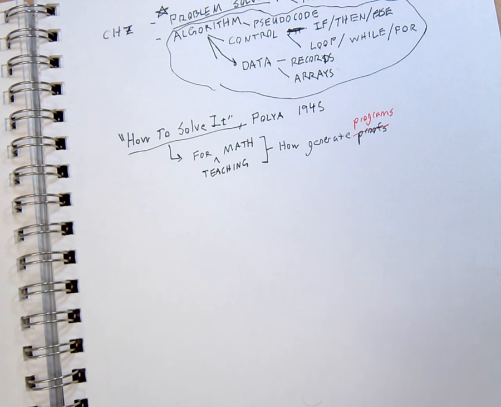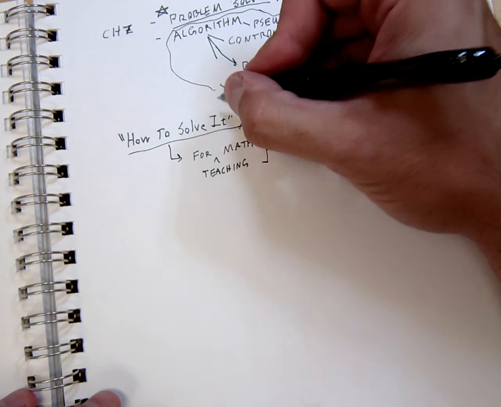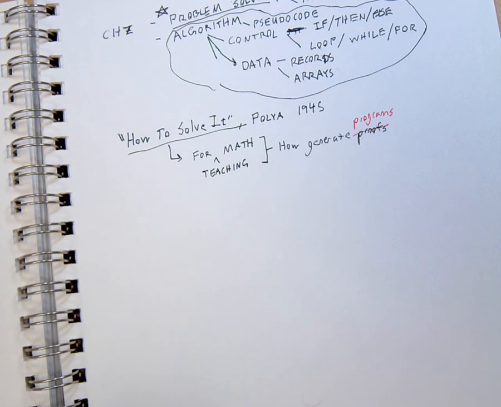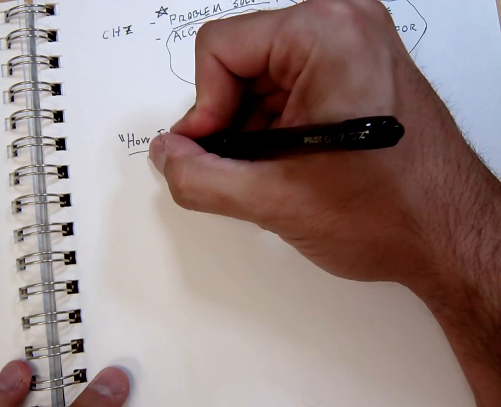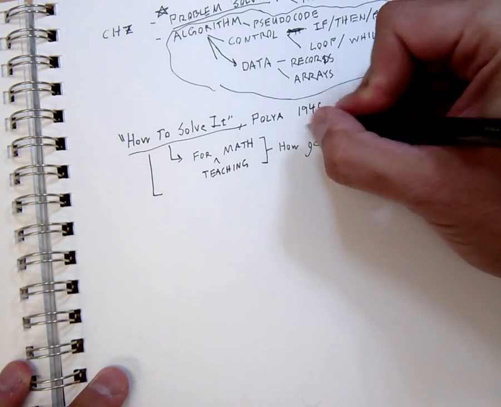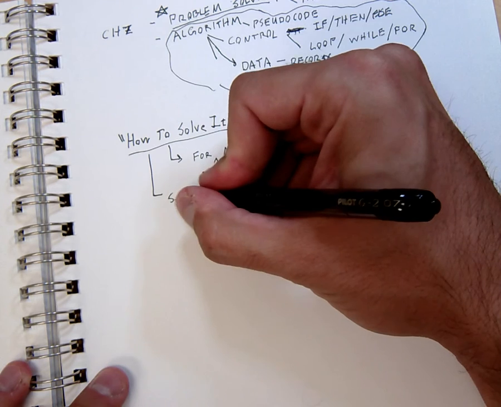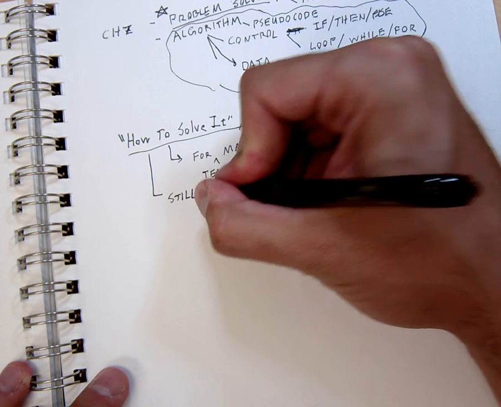The subtitle is A New Aspect of the Mathematical Method. This is from 1945, but it's still very relevant.